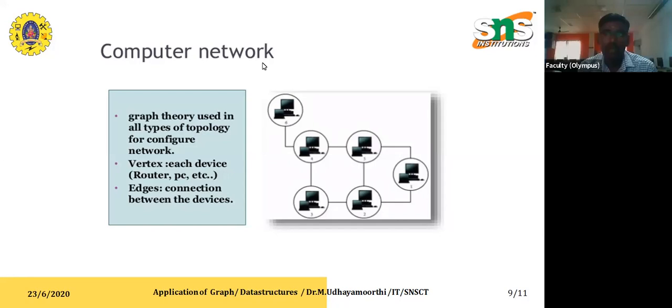Okay. Then it is mainly used in the concept of databases, for representing ER diagrams, entity relationship diagrams, and mainly representing the dependency of tables in databases. And it is also used in the concept of social networks.